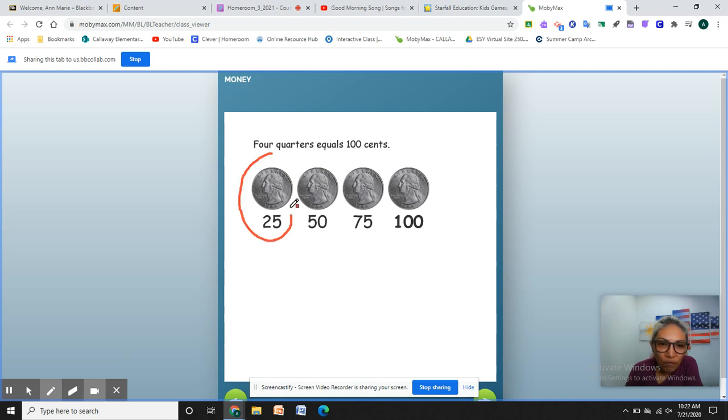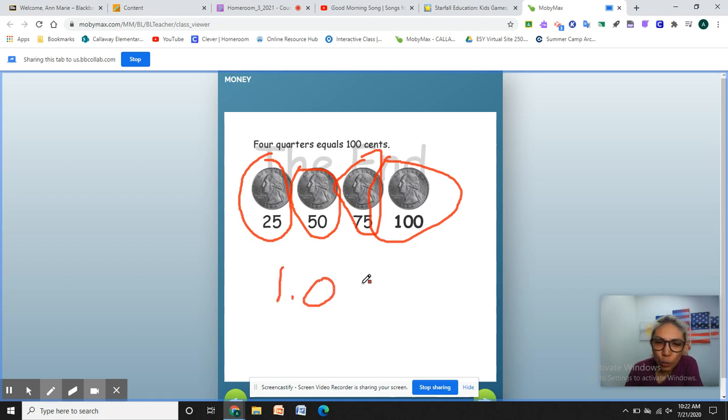That's 25, 50, 75, 100. But do you know that 100 is the same as $1? So when you put 100 pennies together, that is now your $1. Or you can just simply say 100 cents.